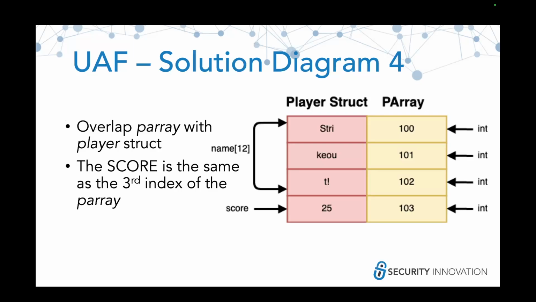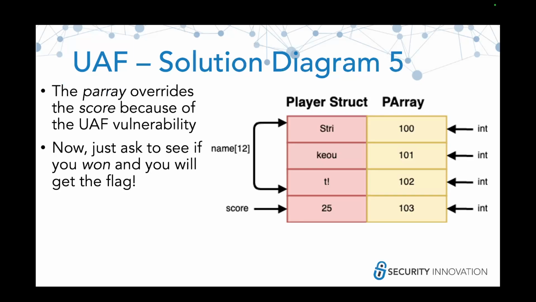And because 103 is greater than 101, then we win. That's all we have to do to get the flag. So this is the use after free, and we're exploiting it by writing to a value and then reusing the original pointer in an unattended way.